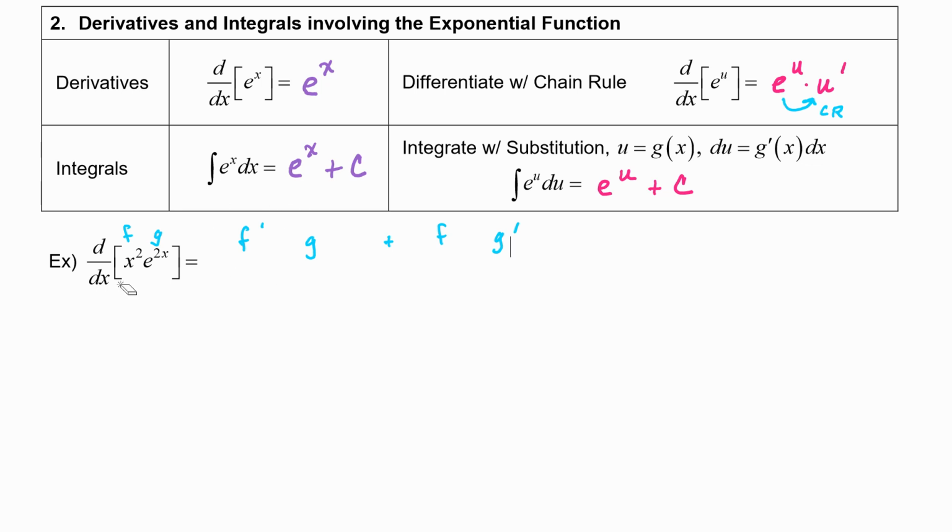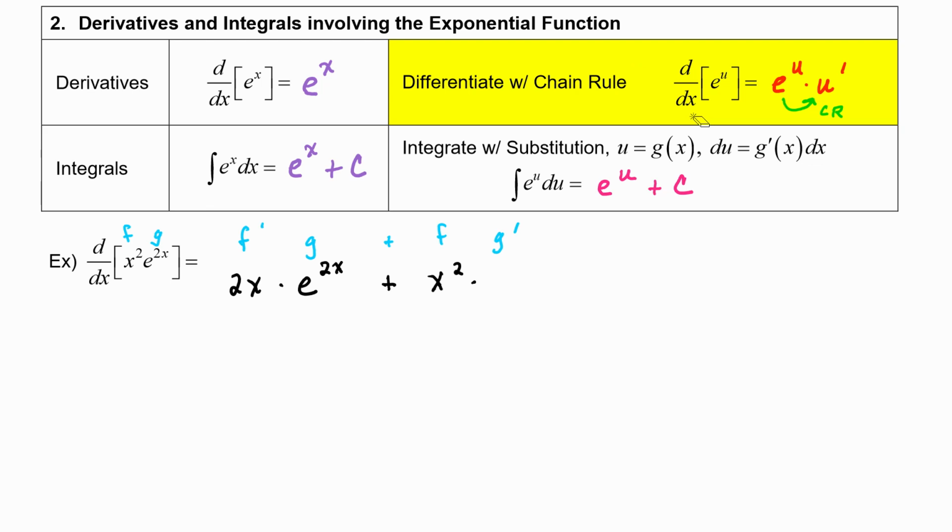F prime is going to be 2x times g, which is e to the 2x, plus f, which is x squared, times g prime, and here we're going to be differentiating with the chain rule.